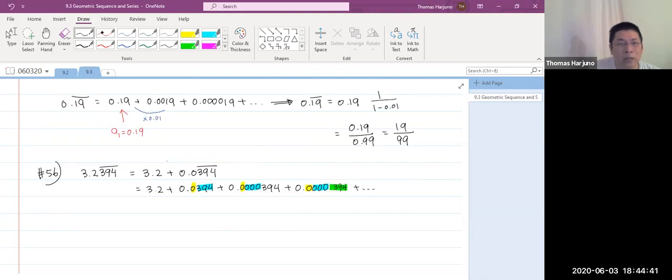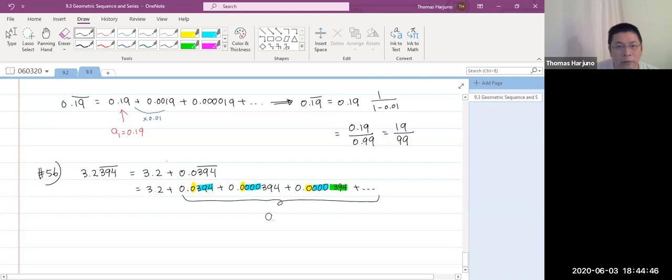But this part here forms a geometric series. So the first term is 0.0394 and the common ratio is 0.001.